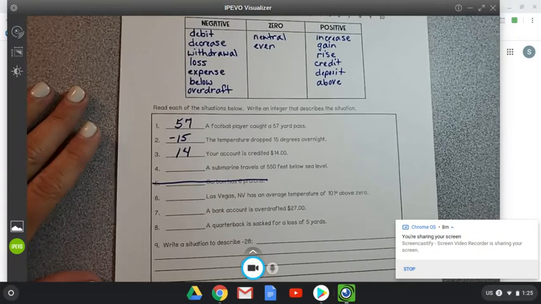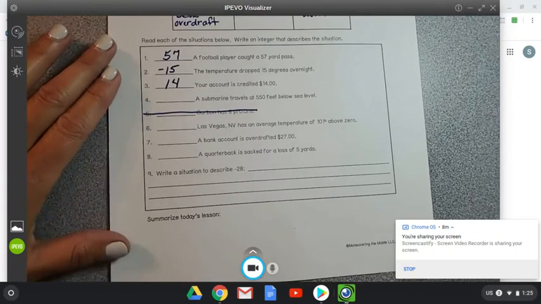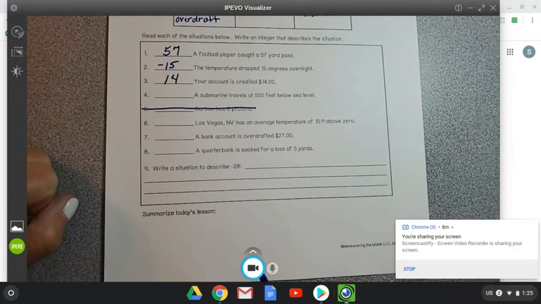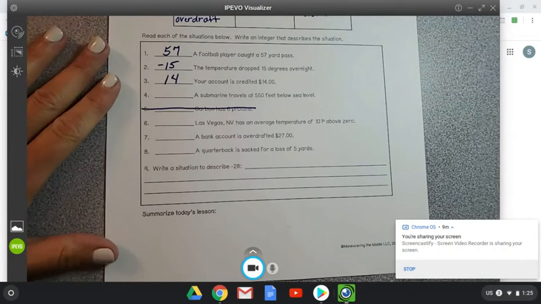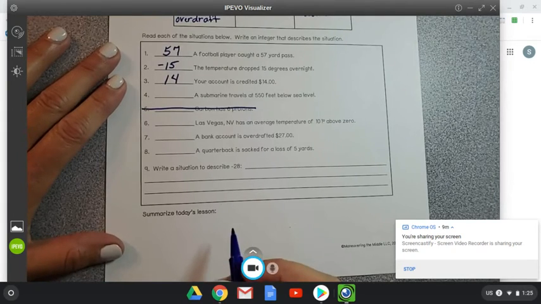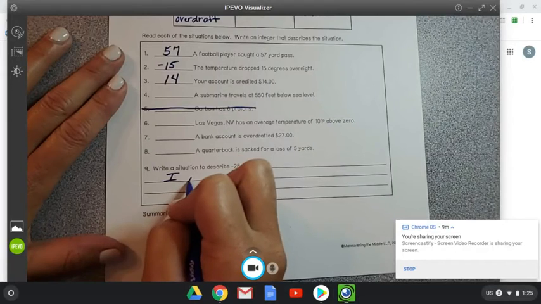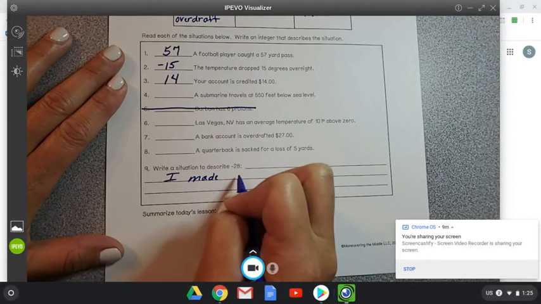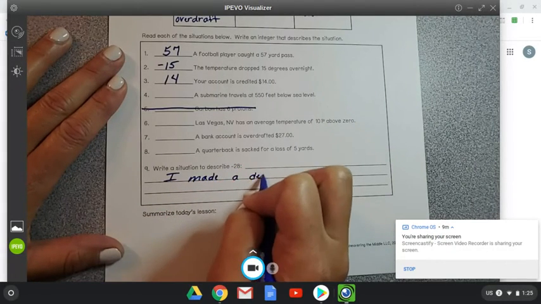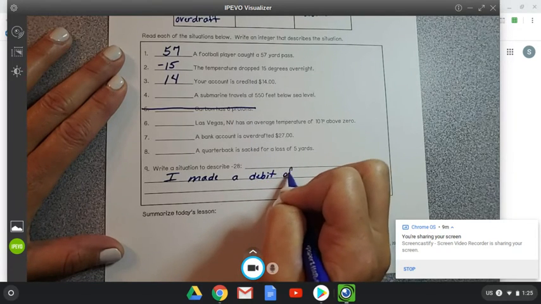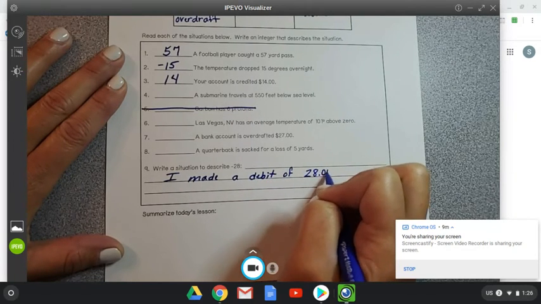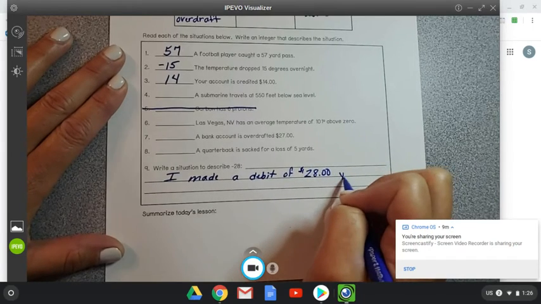All right, the last thing I want to do is write a situation to describe negative 28. Now I'm going to write one, and then I would like for you to write one that's different than mine. Okay, so I am going to write, I made a debit of $28 yesterday.